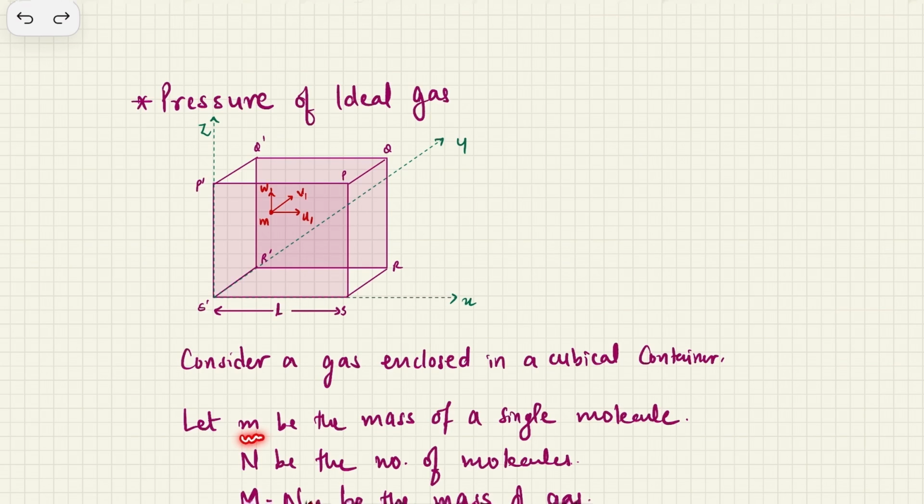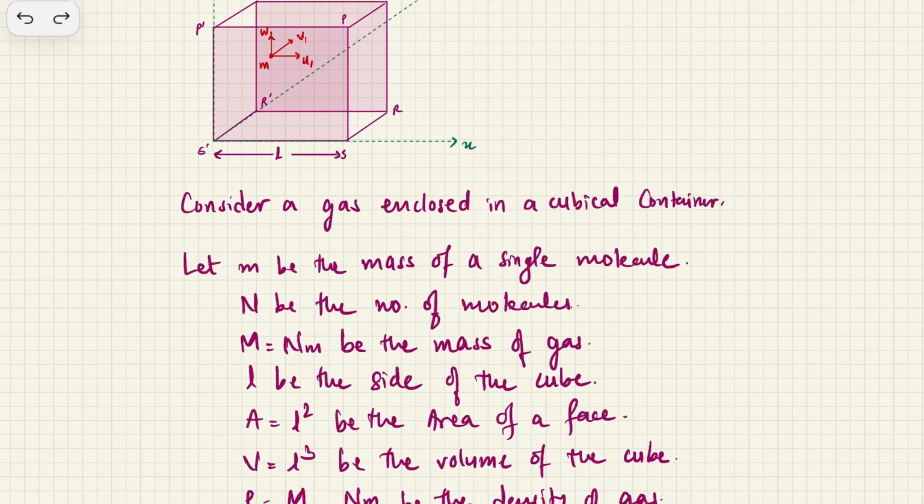Now I am assuming that small m is the mass of a single molecule and N is the number of molecules present inside the container. So m is the mass of the molecule, and there are lots of molecules, which I'll call N. So the mass of the gas becomes Nm, the number of molecules into the mass of a single molecule.